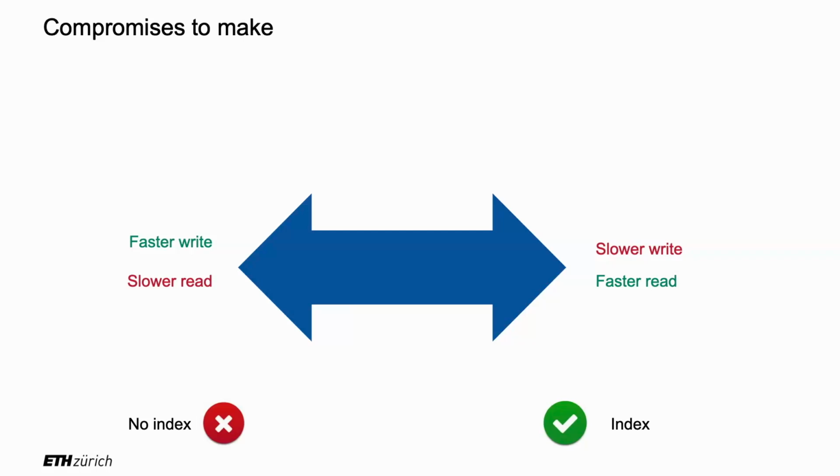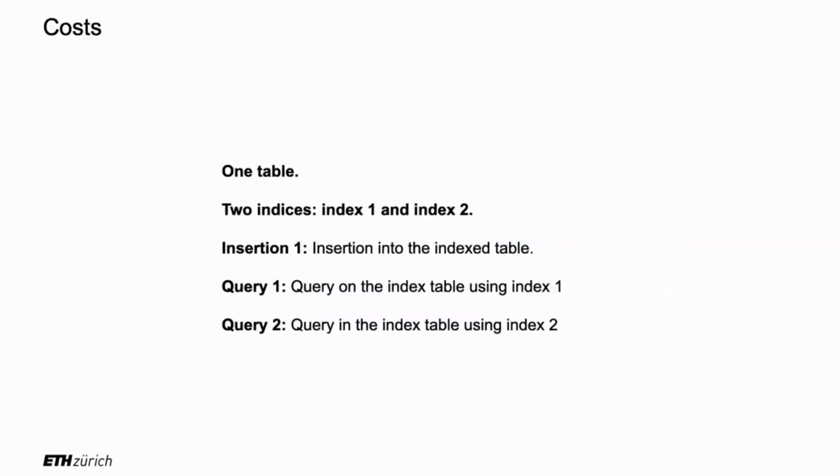Very good. So now I have an example of the sort of things you can do in order to estimate whether it's worth having an index or not. So let's do a bit of math. I hope I don't scare you too much with that. Let's take the example where I have one table and I'm querying the table.